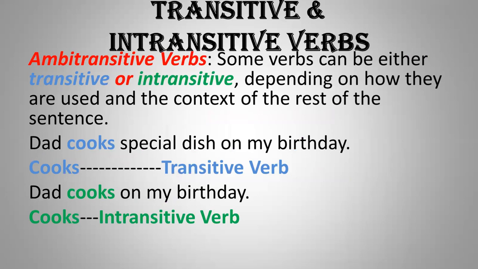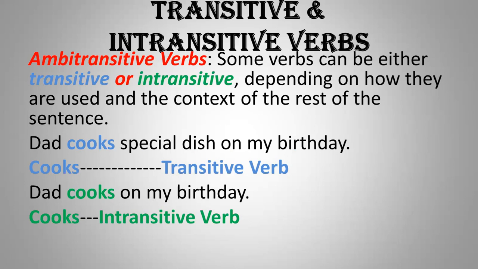There is another concept which is very important to know, that is called ambitransitive verbs. These are the verbs which can be used in both ways, that is, they can be transitive or intransitive. And it depends on the situation, for example, the context and the way they are used. For example, we have Dad cooks special dish on my birthday.